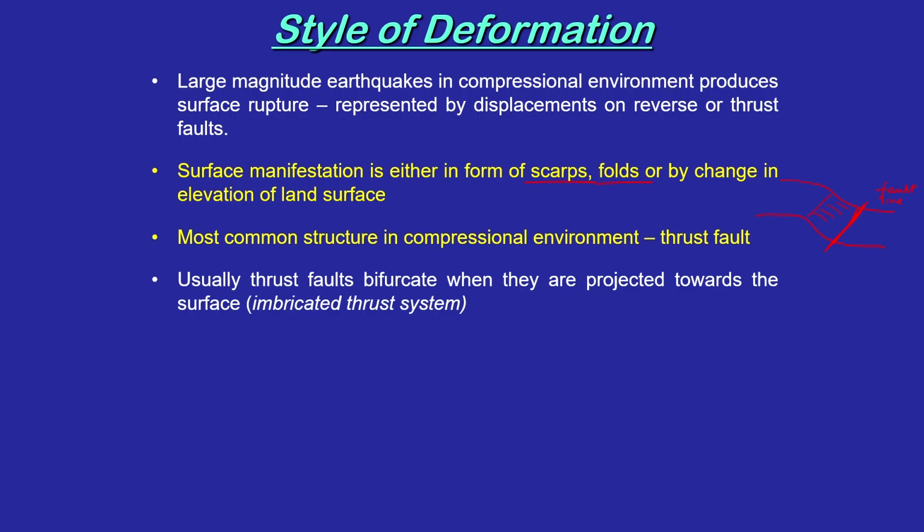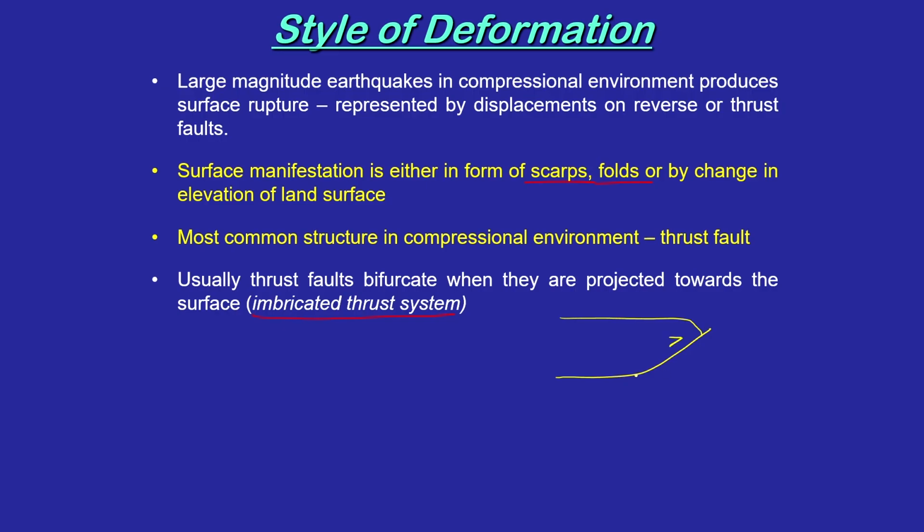So, the most common structure in compressional tectonic environment is thrust faulting. And usually thrust faults bifurcate when they are projected towards the surface, and that is what we call imbricated fault systems. So, in section, if we see this type of faulting or related deformation, what we are terming as imbricated thrust system basically indicates there is faulting which has moved the deformation along the faulting here.